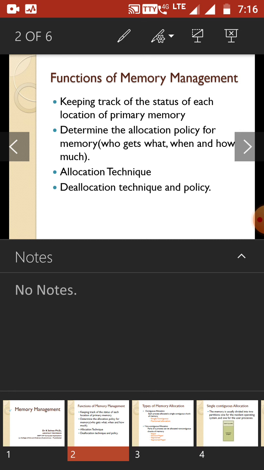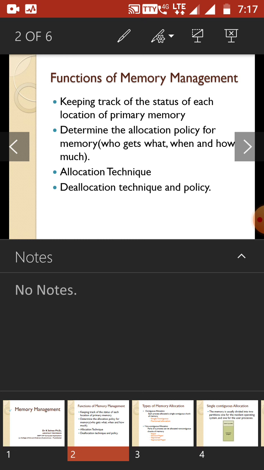First, who gets. The OS allocates the memory on behalf of the computer user, for the user program. Computer users or user programs are categorized based on priority, so who gets means for which user.